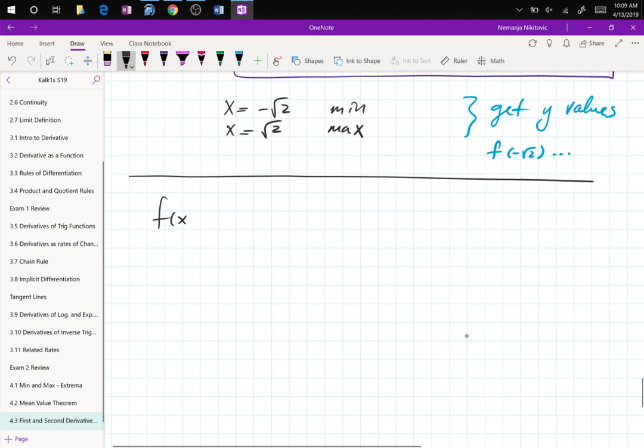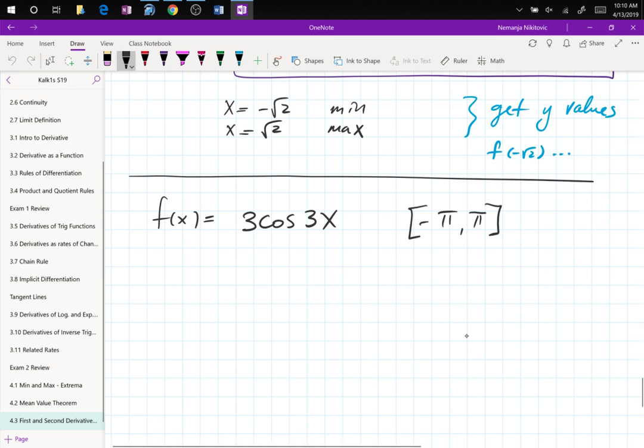So f of x is 3 cosine 3x, and they want us to focus on a domain negative pi to pi. We know that cosine goes forever, but that's just going to create infinitely many critical points, so we're going to chop it off at negative pi to pi.